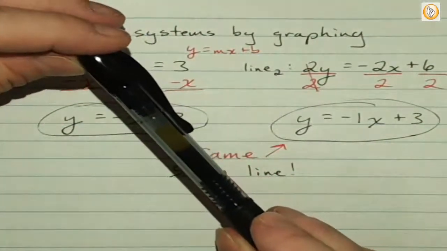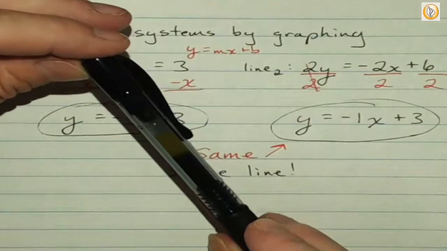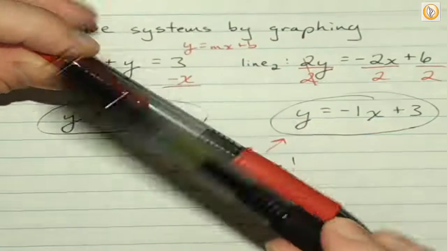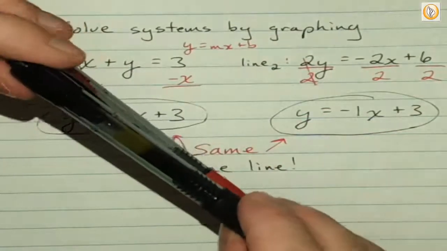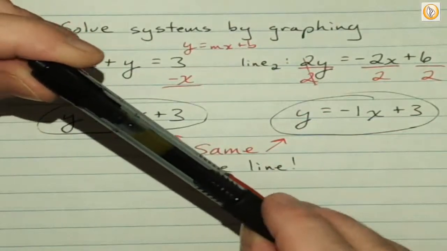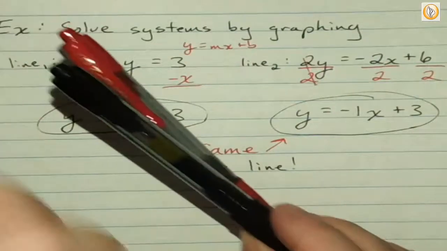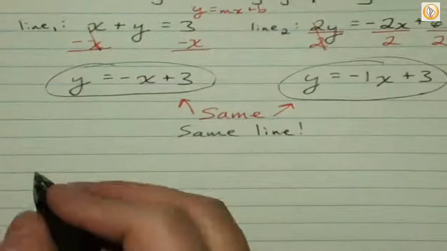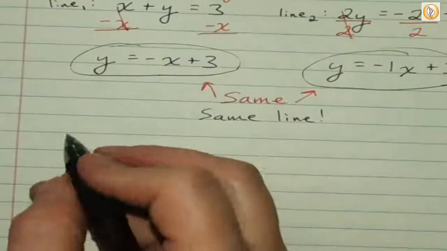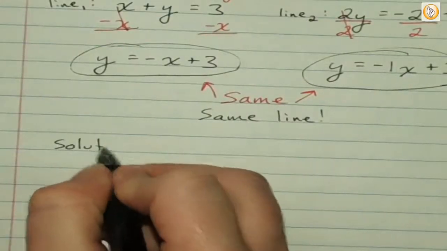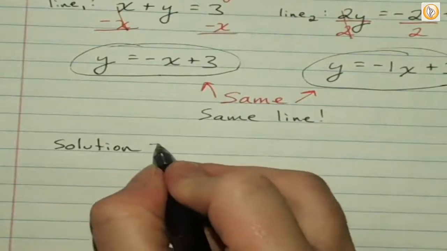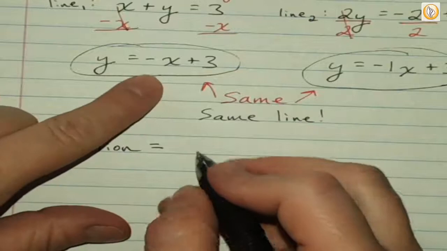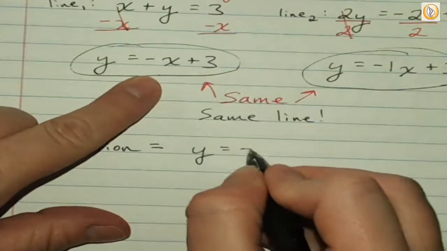So if the solution is the point of intersection where the two lines cross, if they're the same line, they kind of cross on all points, right? So your answer, no, you rewrite the equation.